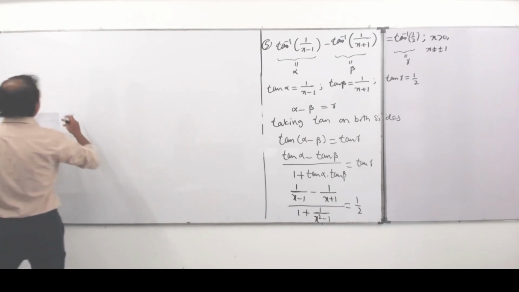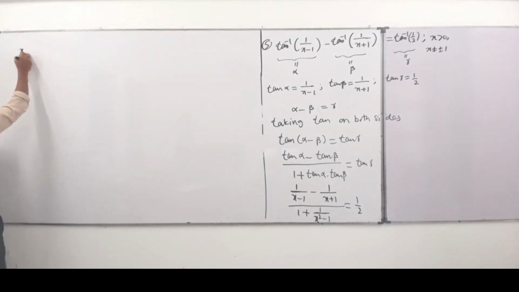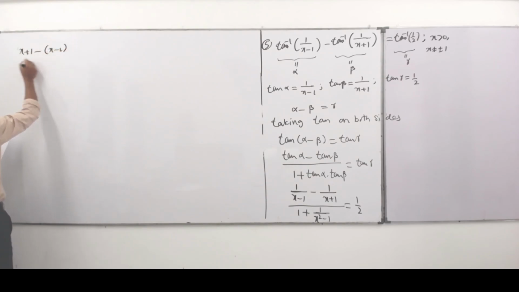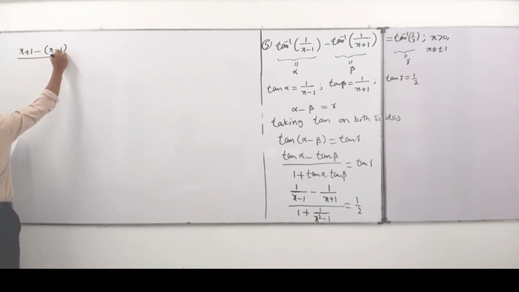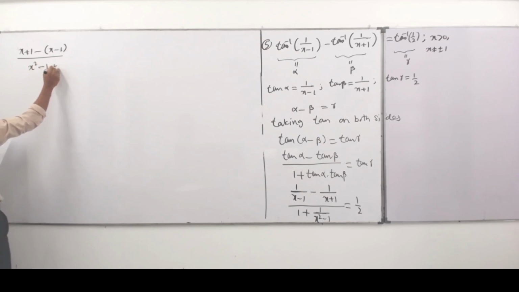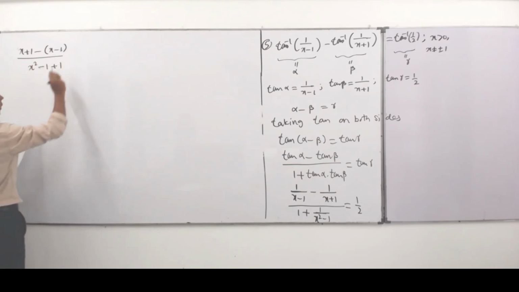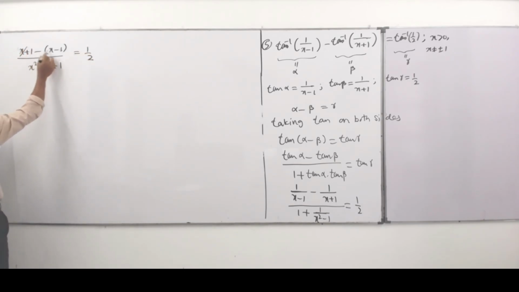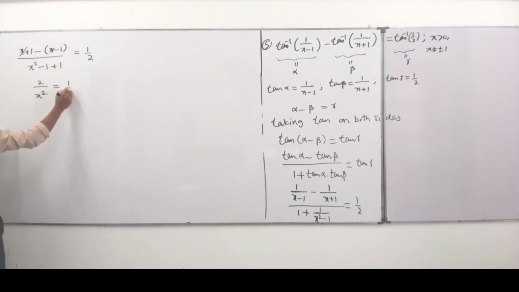Then we get x plus 1 minus x minus 1, divided by x squared minus 1 plus 1, like this. Right. And here we have half. There you can cancel down this and this. This is 2 really. Here x squared, here 1 half.